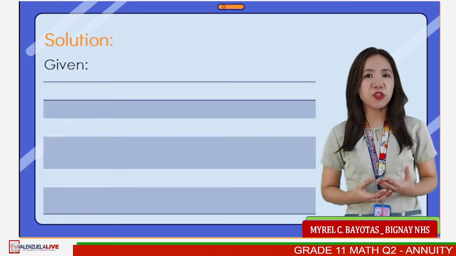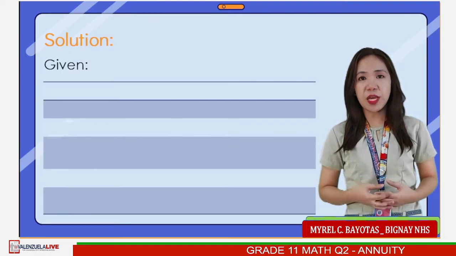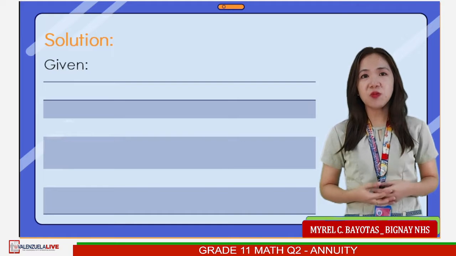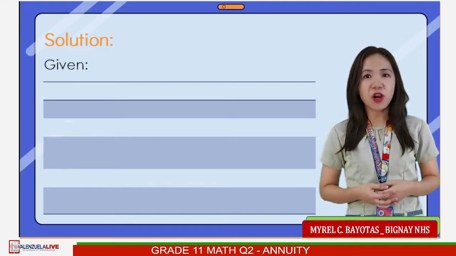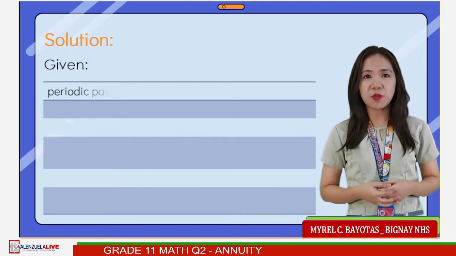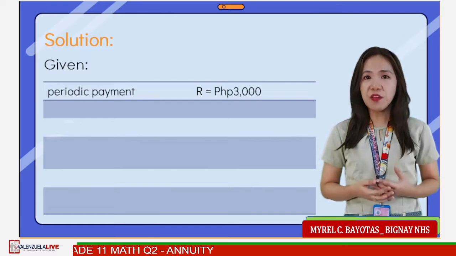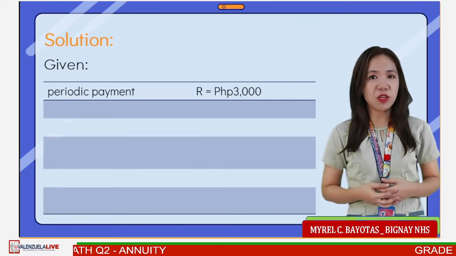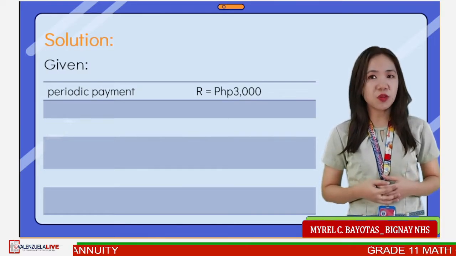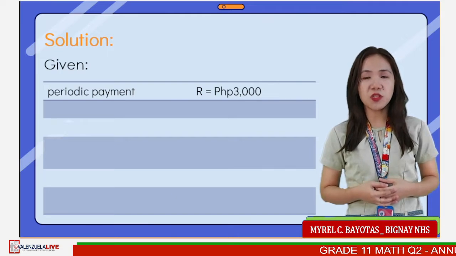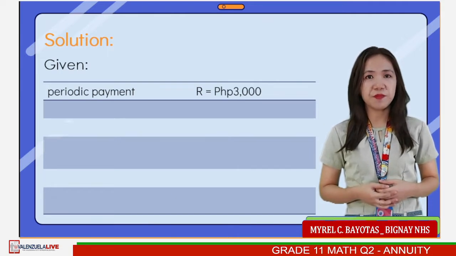Since Mrs. Remoto would like to save 3,000 pesos every month, that will be her periodic payment, or R is equal to 3,000 pesos. Since the savings will be completed in 6 months, this will also be the term, or T equals 6 months, or 1/2 year.